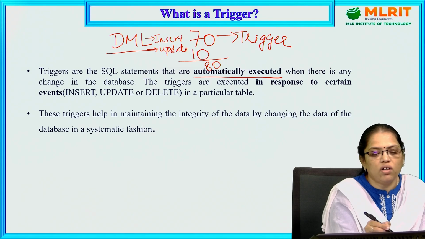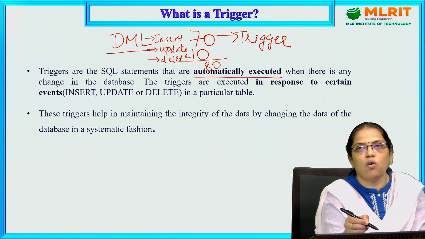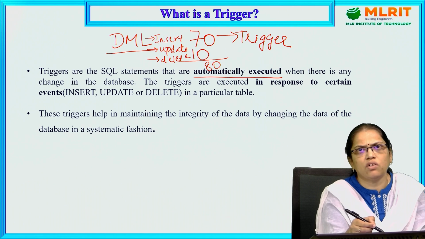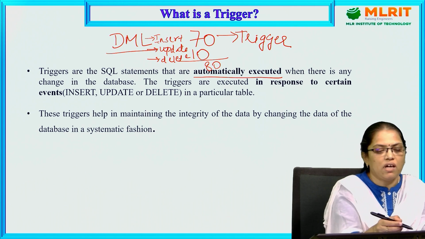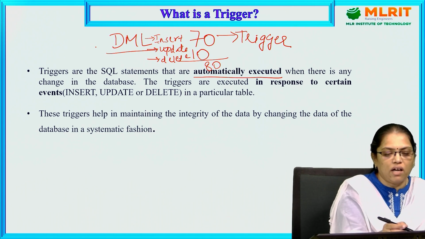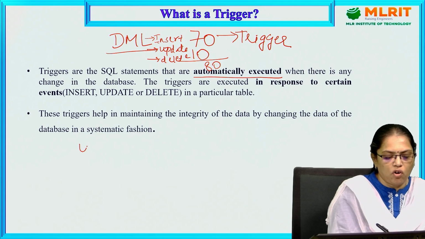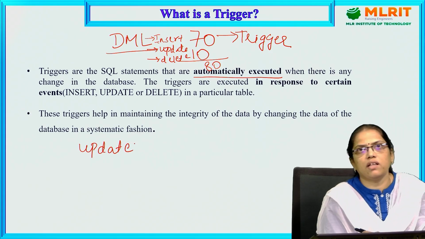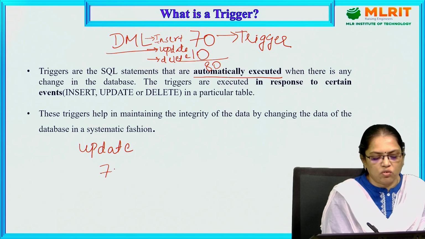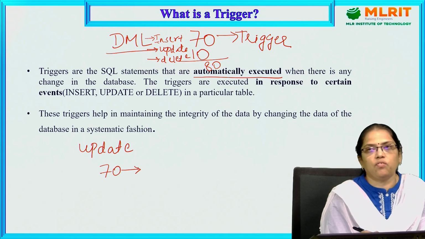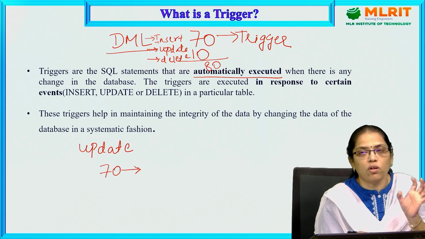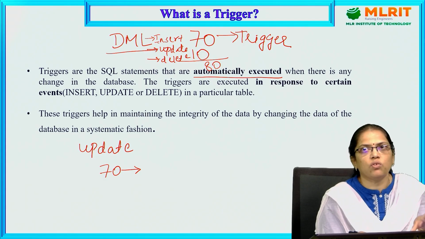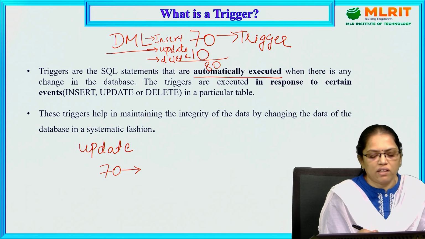Okay. For insert, we have already taken the example and shown how we are adding the information to the existing database. Now let us see the example of update, right? Let us take the same example. 70 students have entered into the first year. We have taken all the information of 70 students and updated it in the database.